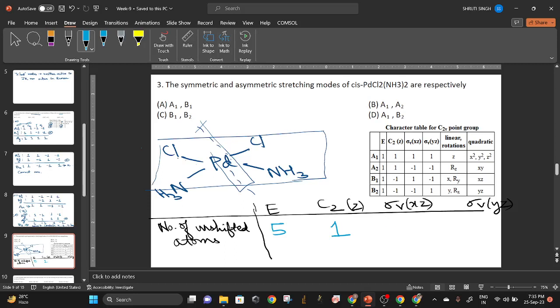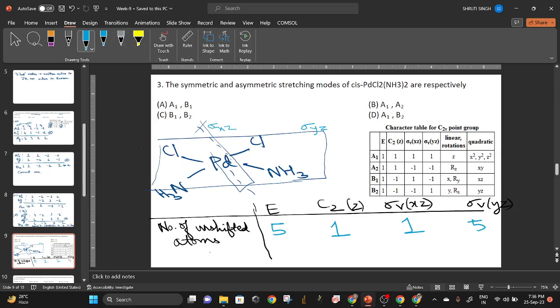Sigma v passing through chlorine, containing C2: again it is Pd, one. And then this is the molecular plane, the same 5. So this is sigma yz and this one is sigma xz. So this is 5.